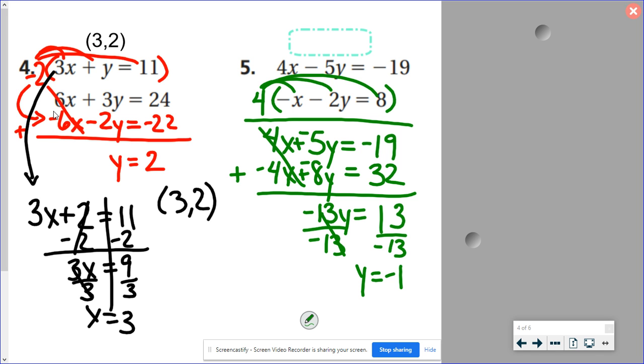Now that I know the y, I still have to find the x. I don't care which equation you use. I tend to not use the ones that have negatives in them. However, that second equation is kind of nice. I'm going to use the second equation. I'm going to say -x, or -1x, minus 2, and then here's my y, equals 8.